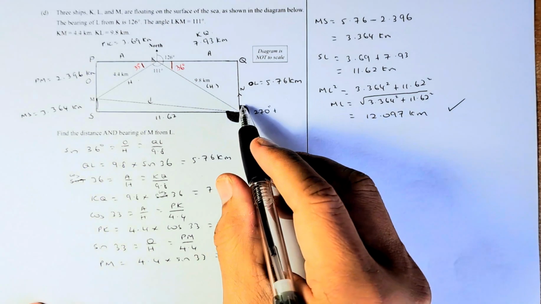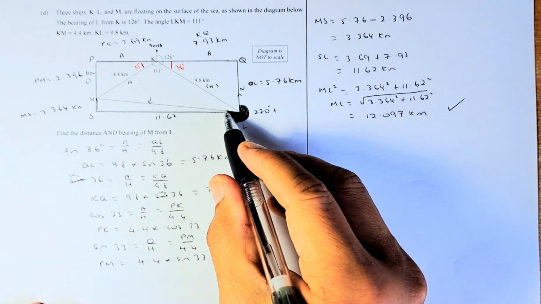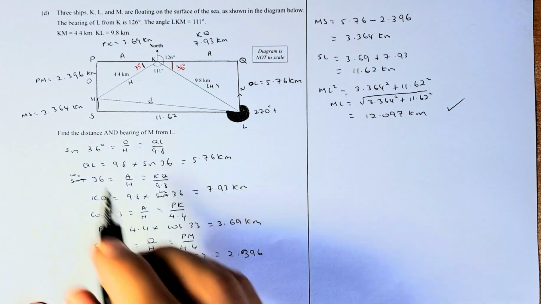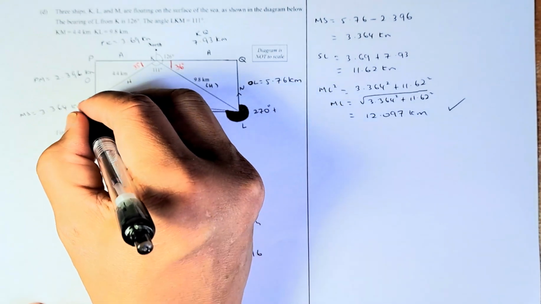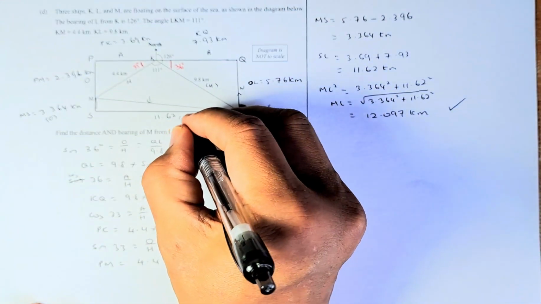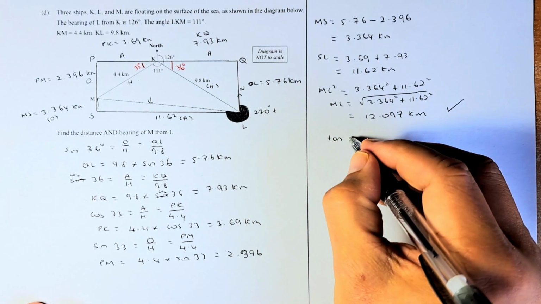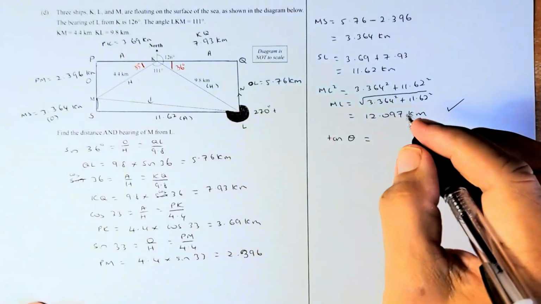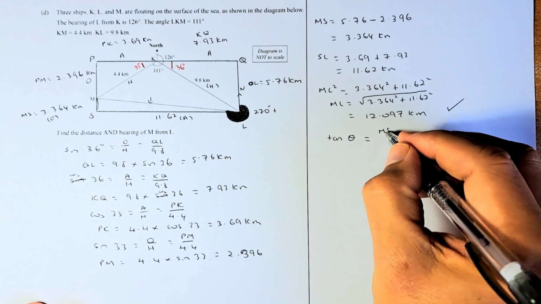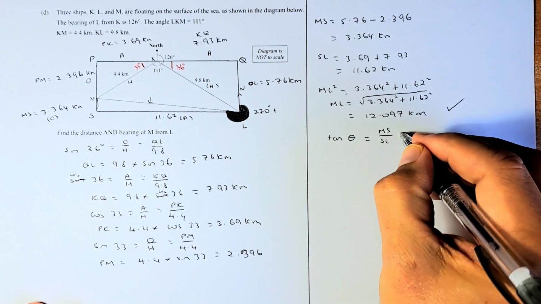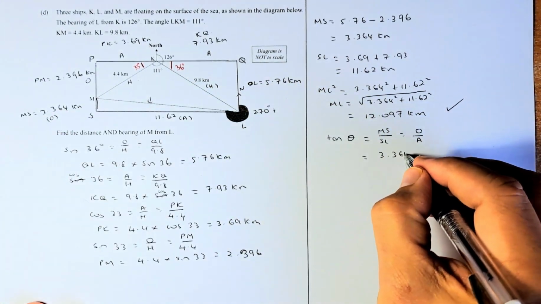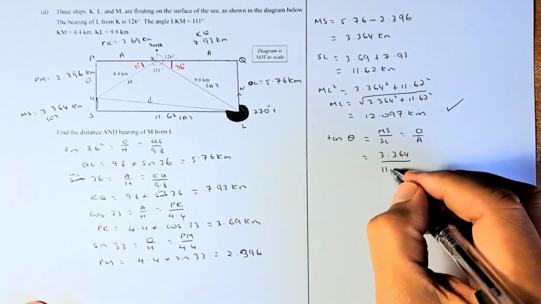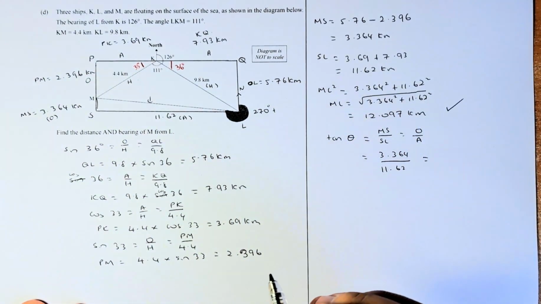To calculate your bearing, you need to calculate 270 plus this little angle here. To calculate the little angle, you can use the trig ratio again, using the right angle triangle. This is opposite, and this is adjacent, so you use TOA. Tangent theta equals MS over SL, or O over A. MS is 3.364 and SL is 11.62, which gives 0.2855.